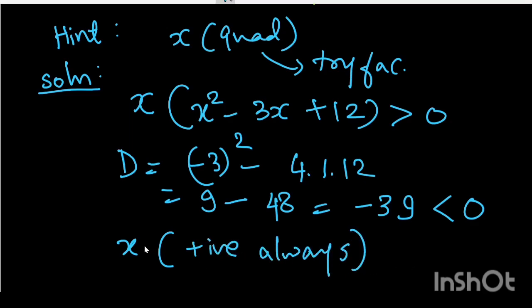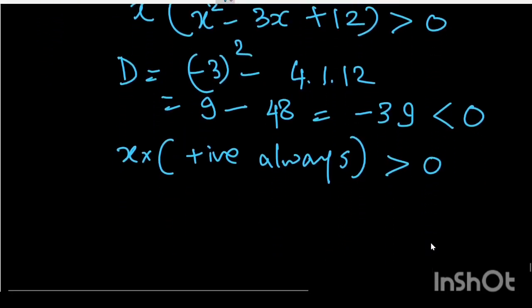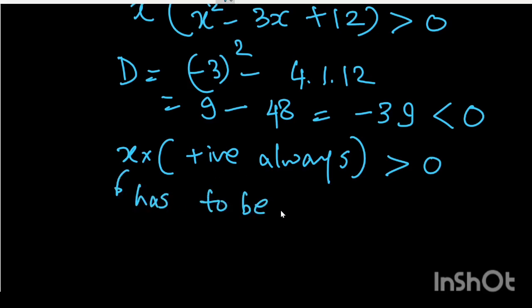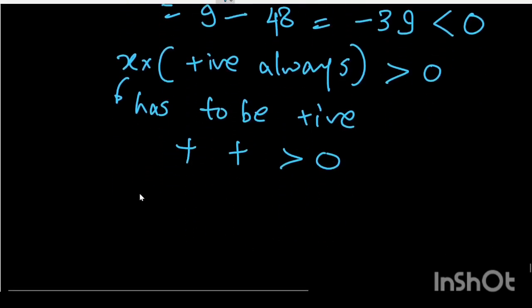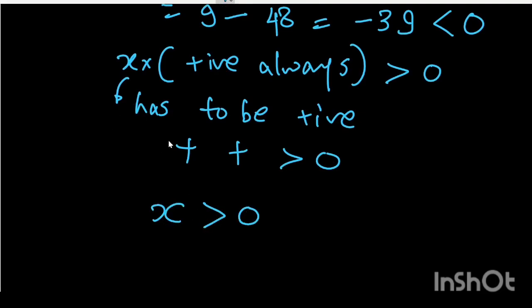So x multiplied by an expression which is always positive, multiplied gives greater than 0 when? Since this is positive, this has to be positive, then only positive into positive gives positive. So in the next step, we can write x greater than 0. This has to be positive, and this is the answer, guys.